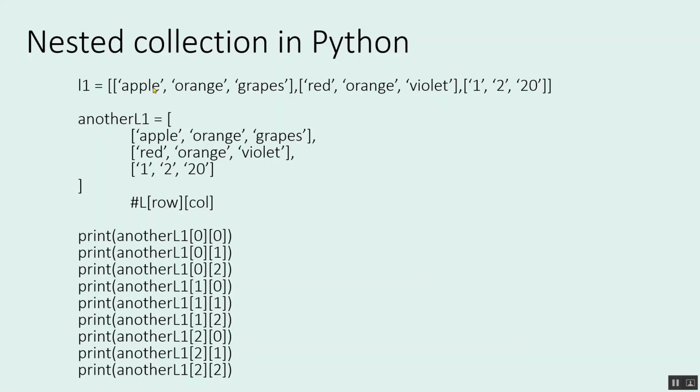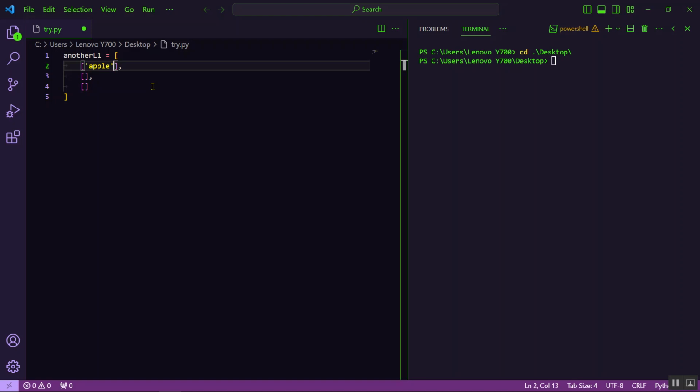So I'll start with the fruits. So we have apple, we also have orange, and also grapes. And then the second element is the color. So we have here red, orange, and then violet.